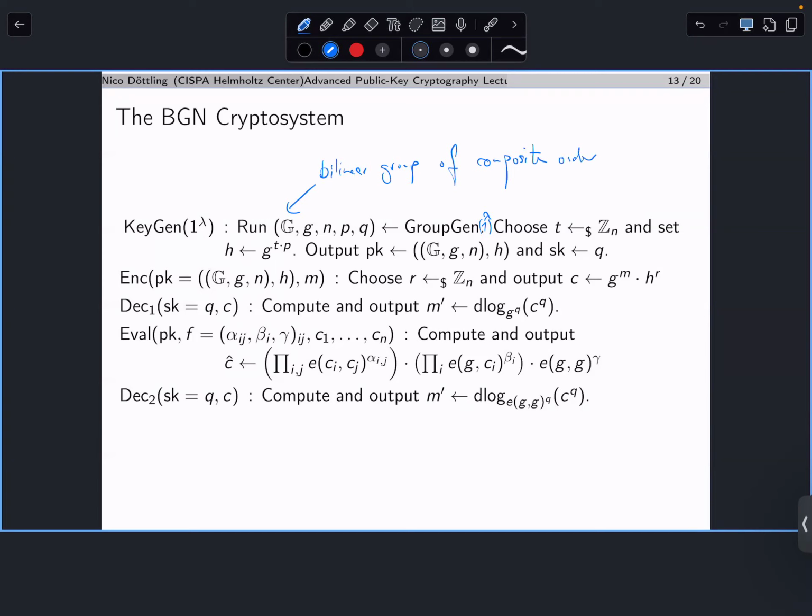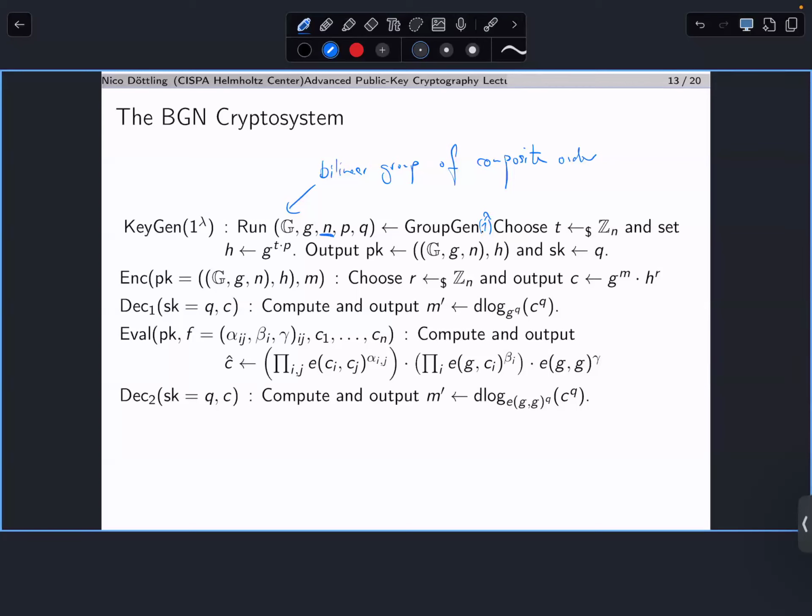Next, we choose an element T from Zn uniformly at random. Recall that the group generator, we think of the order, the composite order N of such a group, as public.